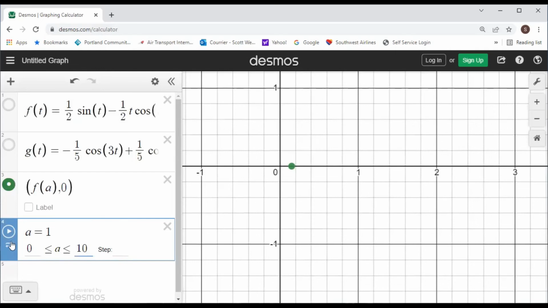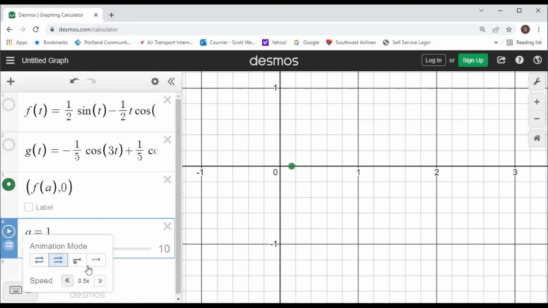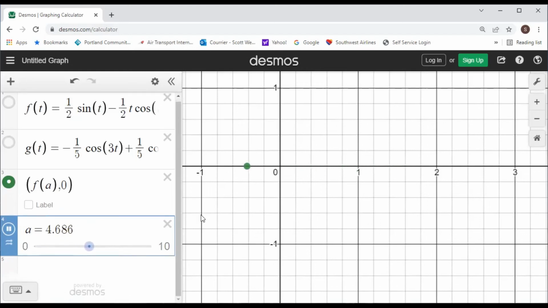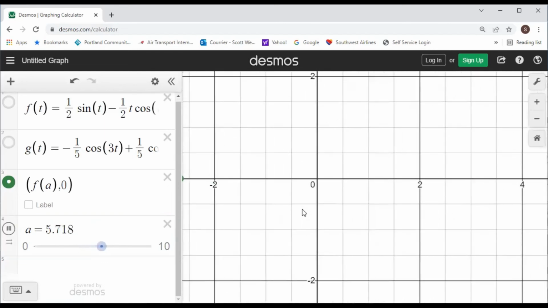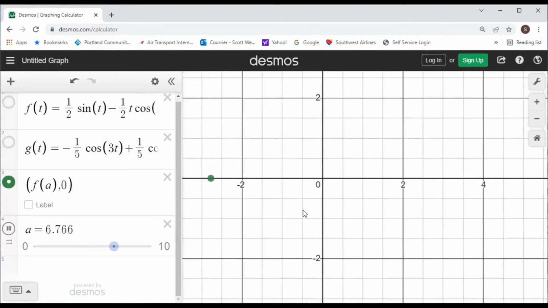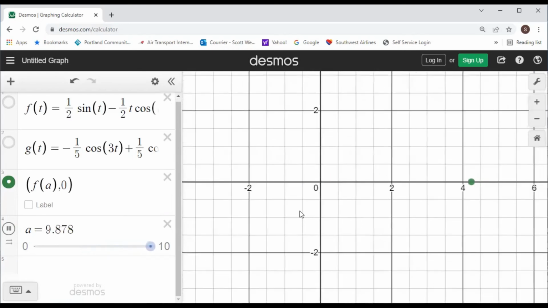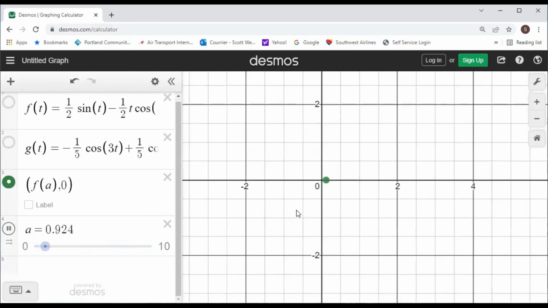All right, so now, and we'll probably want it to be going a little slowly here. So now let's look. So notice, okay, here we go, starting at 0.